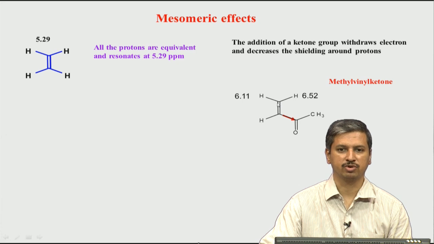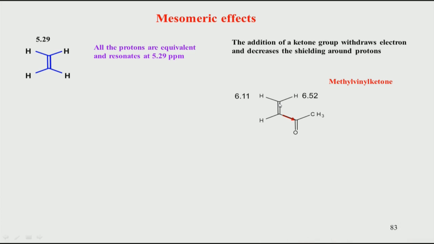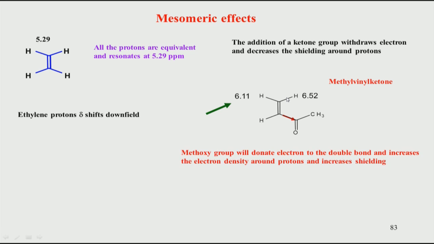This is similar to what we saw in the previous slide, it is a resonance effect, and because of the positive charge here, these two hydrogens now lose electron density because all the electron density is being withdrawn towards this oxygen. Because of this loss of electron density, they will start going downfield shifted, meaning higher ppm value, and that is basically how it can be explained.